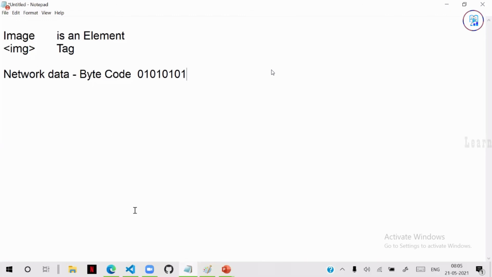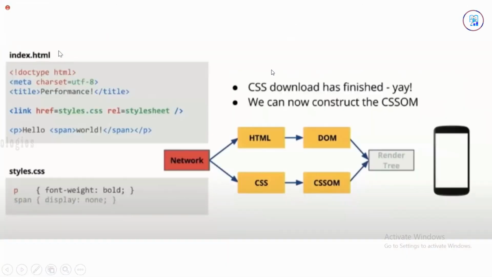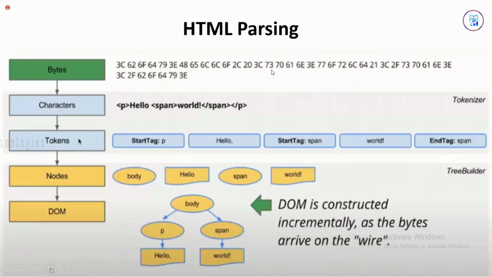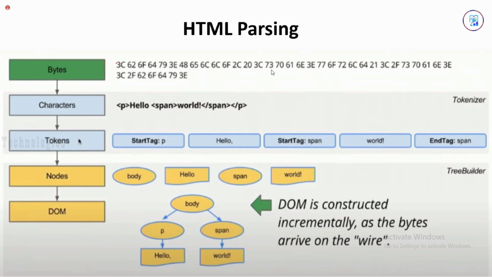Now you can observe here how the browser is going to work. Whatever you have written is the byte code. First, these bytes are transferred into characters. Characters means angle bracket, P, again angle bracket, close, and the word hello, something like this.